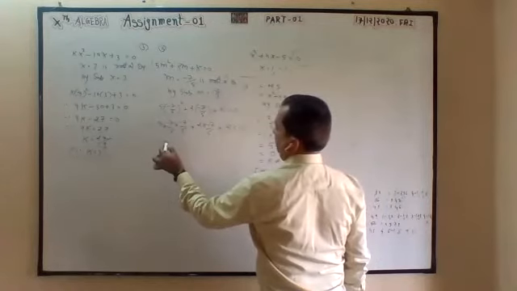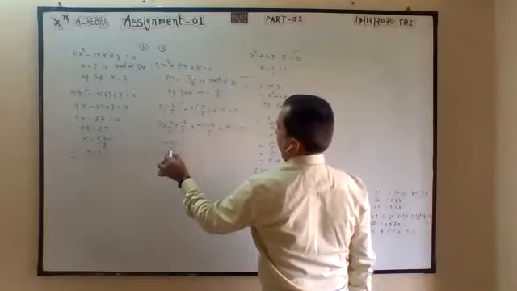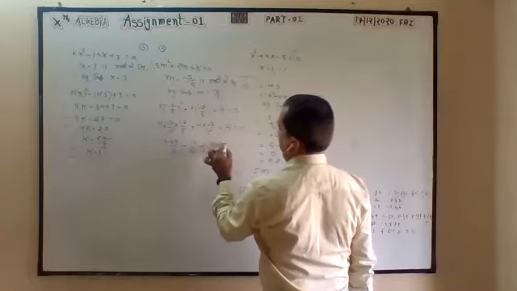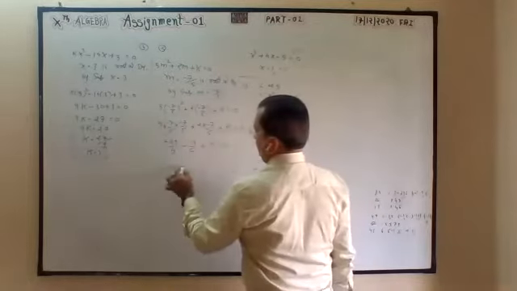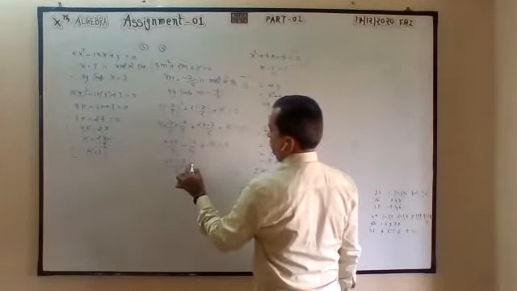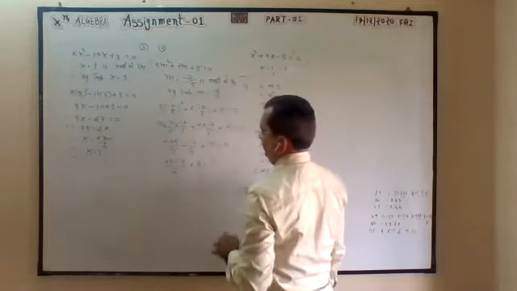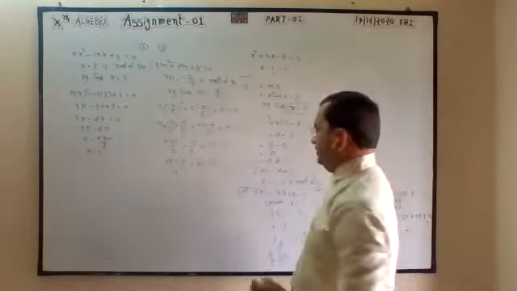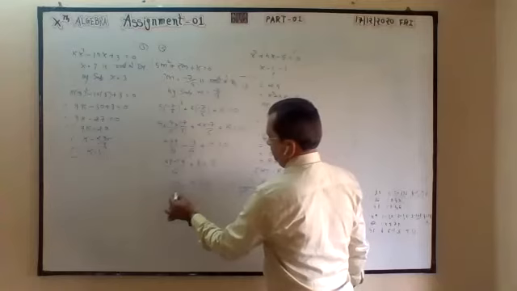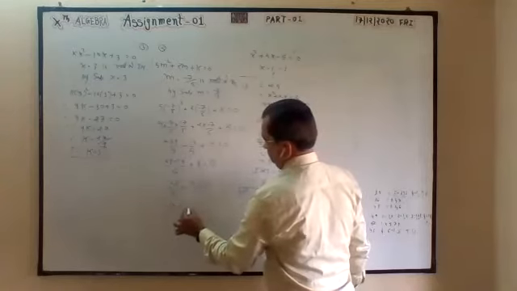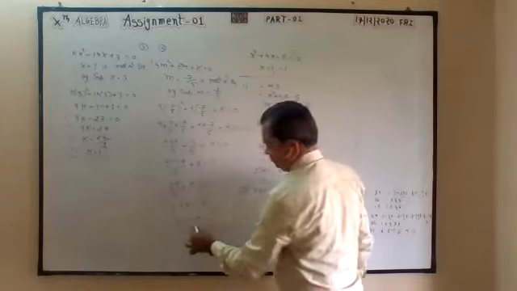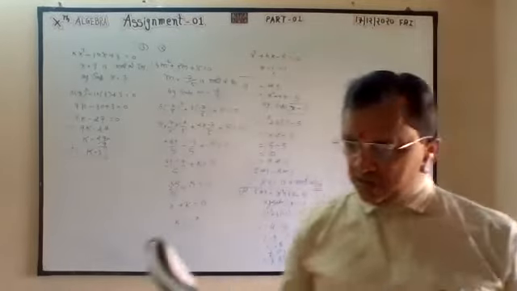This 5 cancels, minus plus 49 divided by 5, minus 14 divided by 5 plus k. 5 is common, 49 minus 14, so it is 35. k is equal to minus 7. Correct?